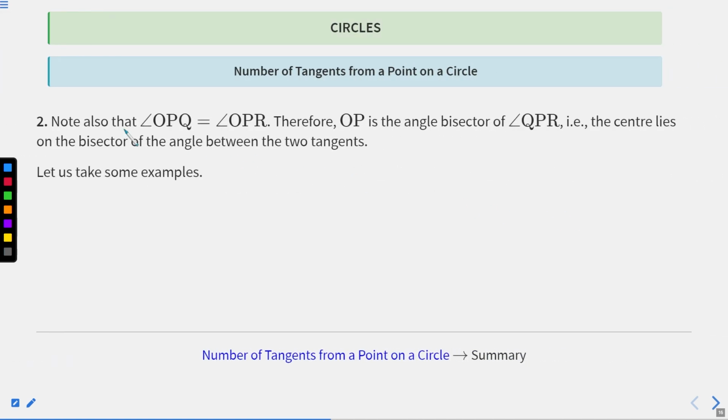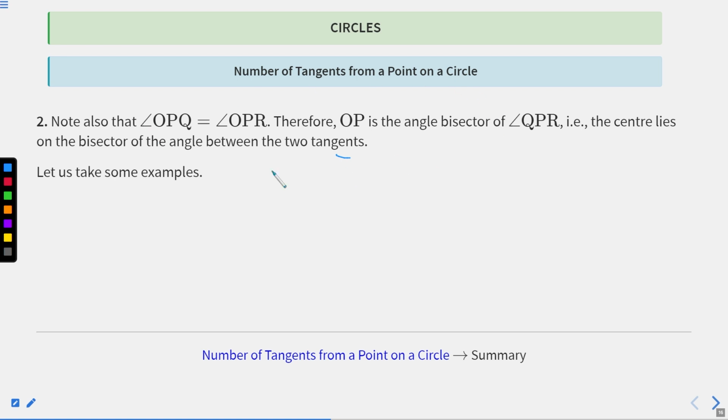And second remark, note it down also, that angle OPQ is equal to angle OPR. Therefore OP is the angle bisector of angle QPR. That is, the center lies on the bisector of the angle between the two tangents.